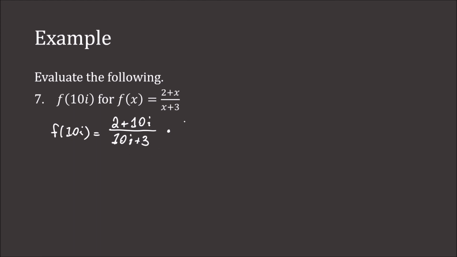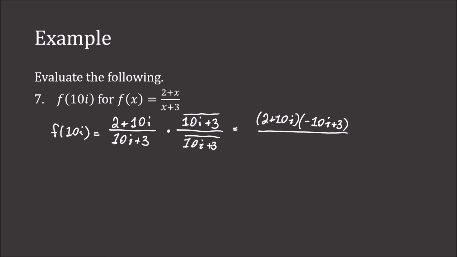So multiply numerator and denominator by the complex conjugate. So the numerator will become 2 plus 10i times negative 10i plus 3. Right? Remember, complex conjugate, you make the imaginary part negative, you flip its sign.